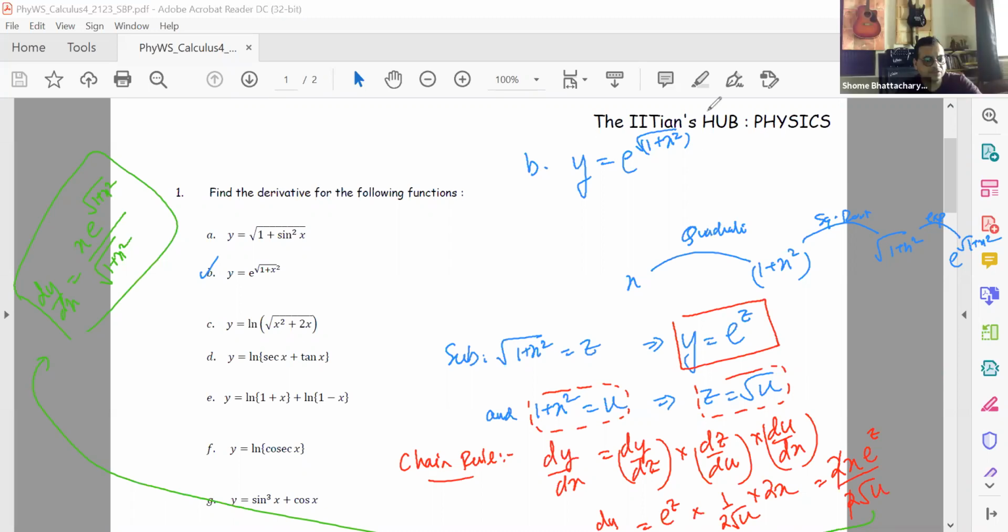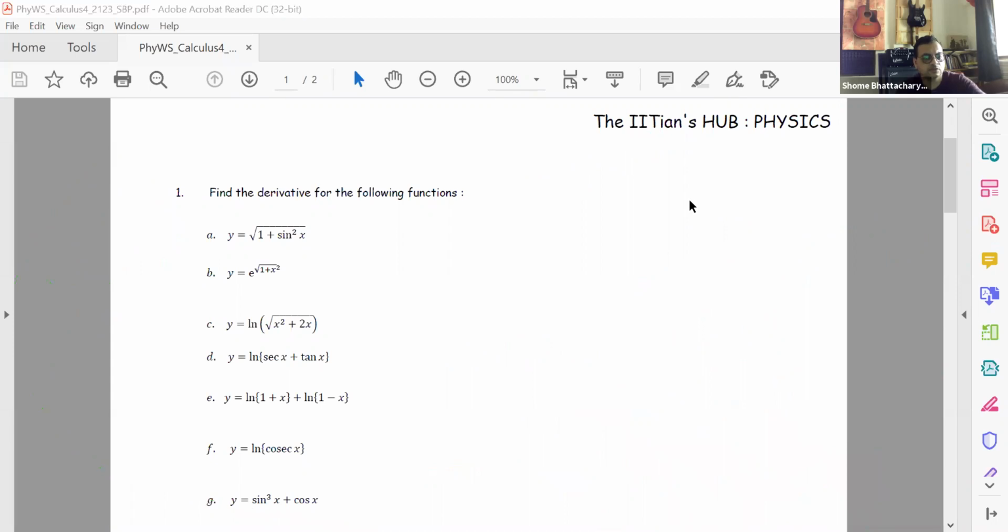Now I can also simplify this a little because after all it's based on the exponential function. So I can quickly use this kind of trick: whenever we have a composite function which is based on exponential function, any type of thing like this, that y is equal to e raised power f of x. Okay. So the general method is that dy by dx becomes e raised power fx multiplied by f prime x.